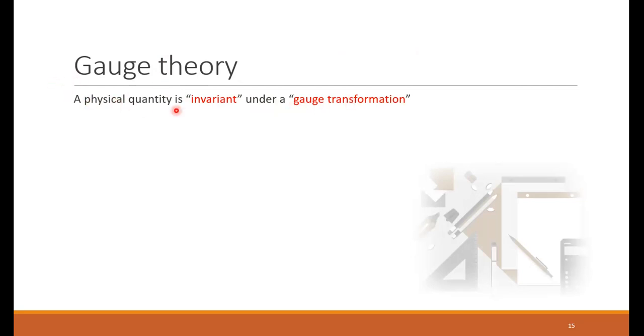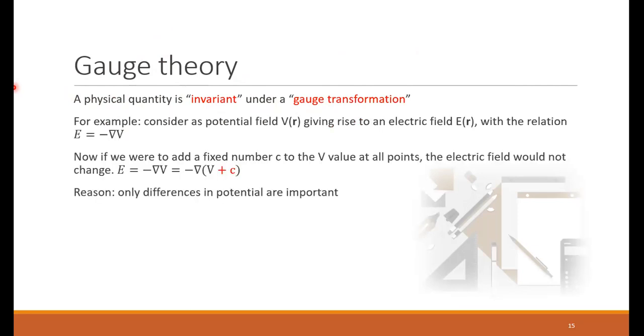Again, a physical quantity is going to be invariant under a gauge transformation according to gauge theory. Now, we can make this make sense by looking at a simple example. Consider the electric potential, and the fact that it gives rise to an electric field, which is the vector field. This is basic electrodynamics.